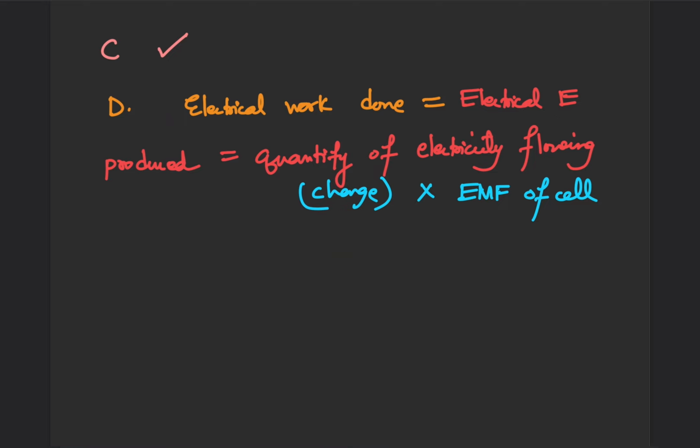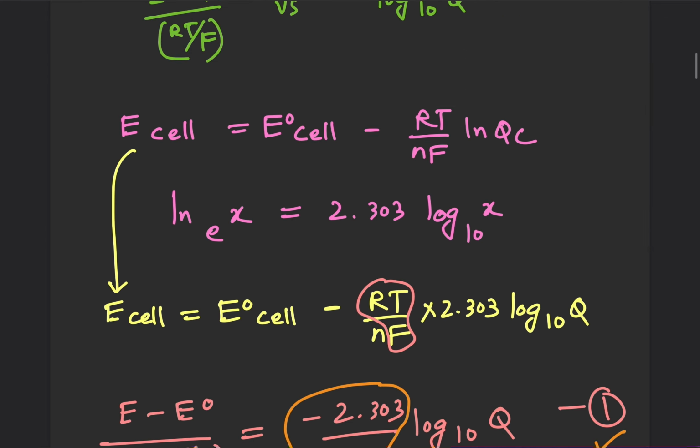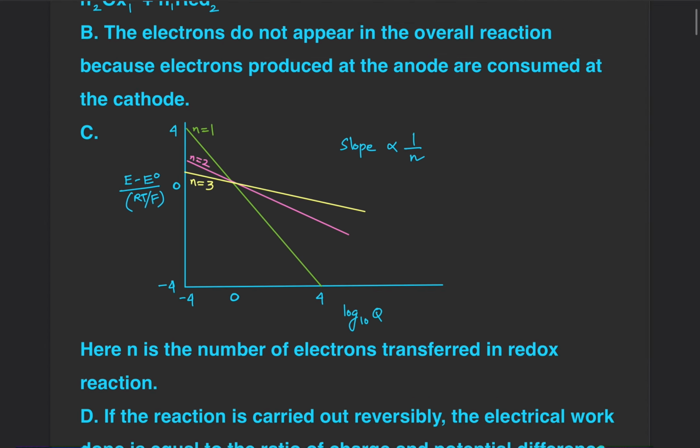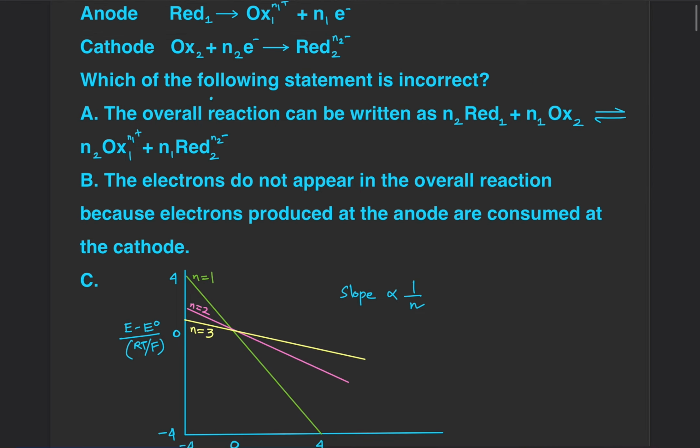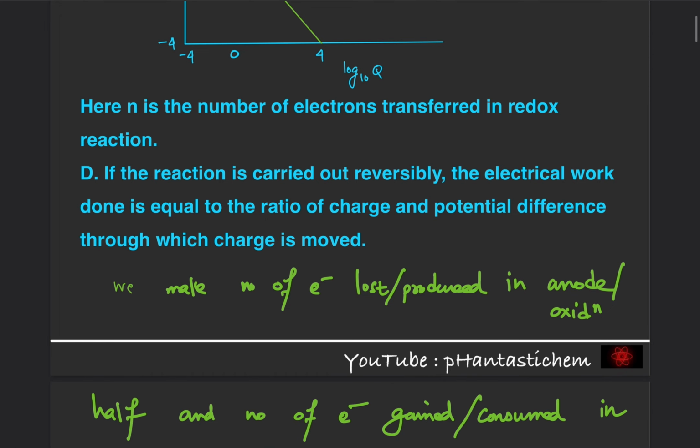It is the product of charge and EMF, or the potential difference through which the charges move. Therefore D is an incorrect statement. In the question they have asked which of the following statements is incorrect. So the incorrect statement is D. Thank you.